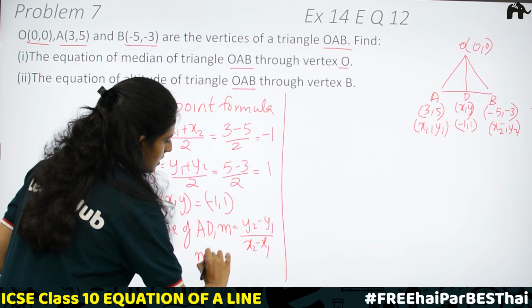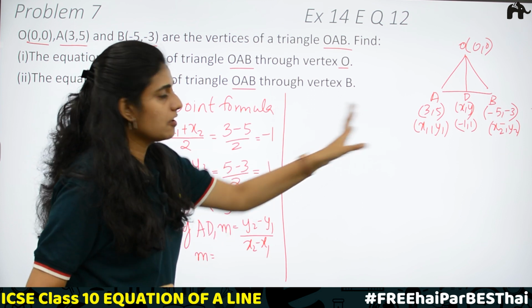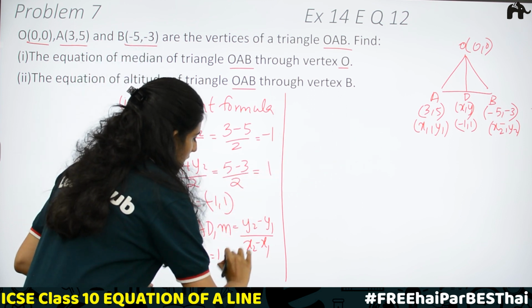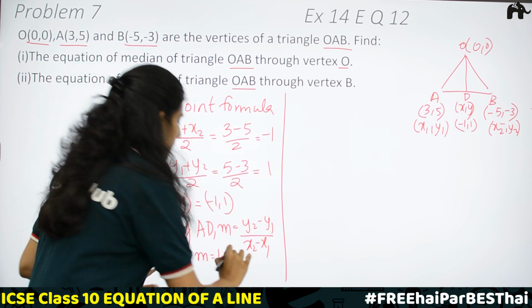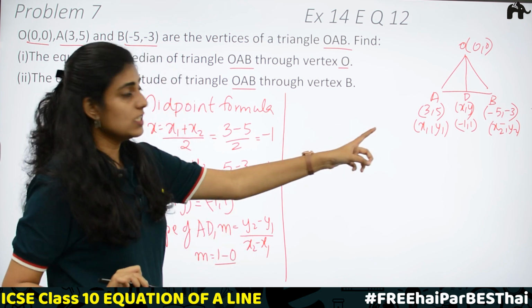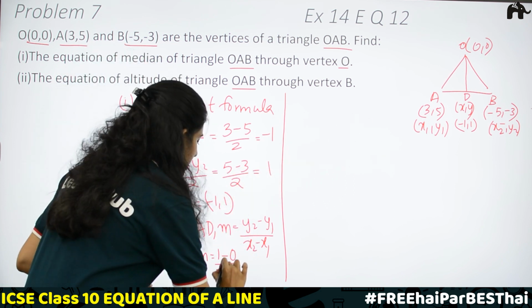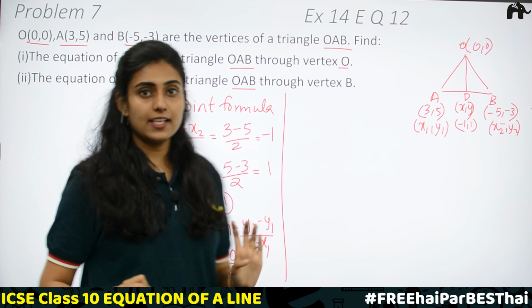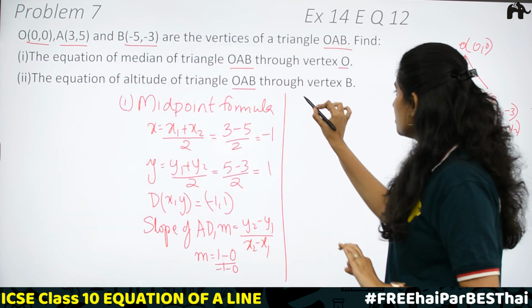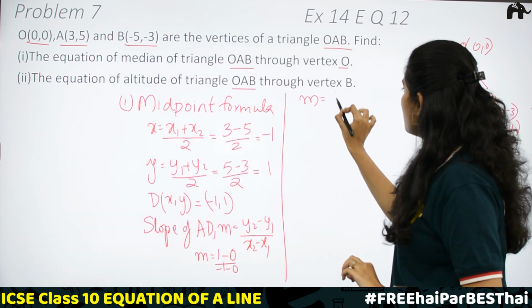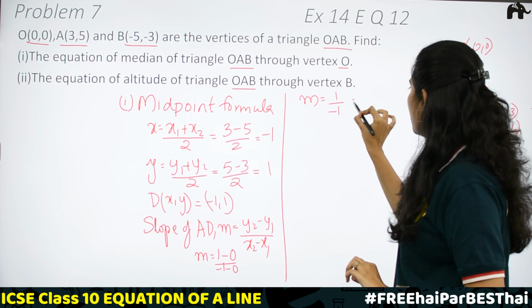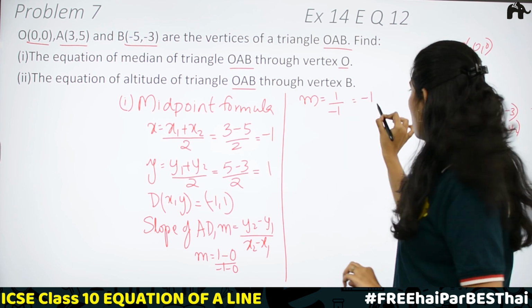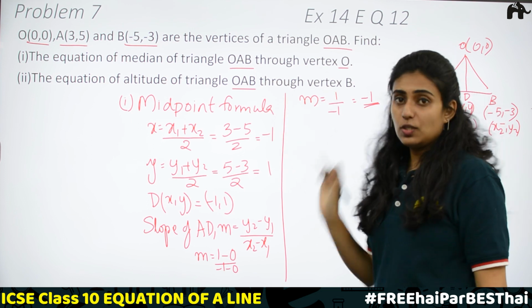We get M is equal to y2 is 1 minus y1 is 0, divided by x2 is minus 1 minus x1 is 0. Therefore, slope M is equal to 1 divided by minus 1 and that is minus 1. We got the slope. Now, we need to find the equation of median.